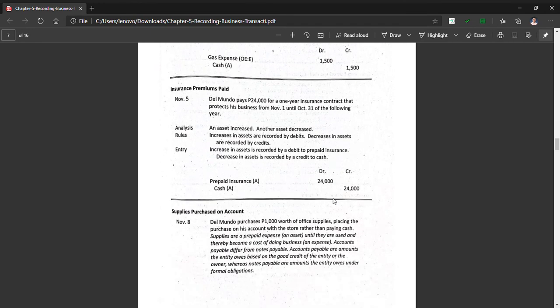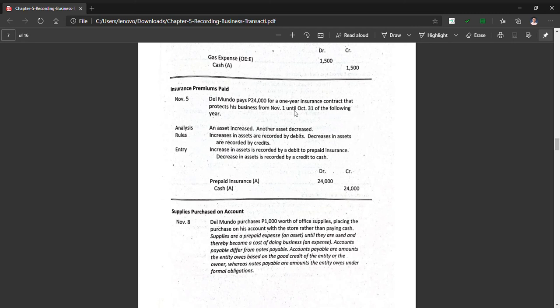Next, insurance premiums paid. Del Mundo pays 24,000 for a 1-year insurance contract that protects his business from November 1 until October 31 of the following year. So, itong insurance, parehas lang din siya ng prepaid rent. Parehas lang din siya ng prepaid asset.